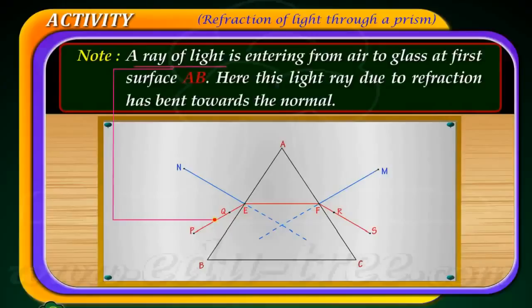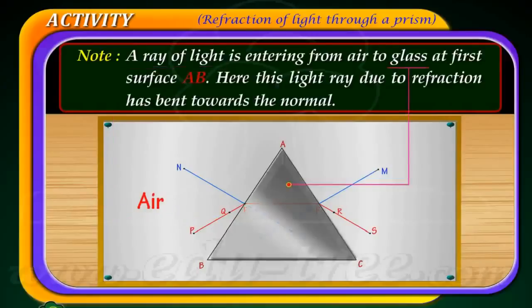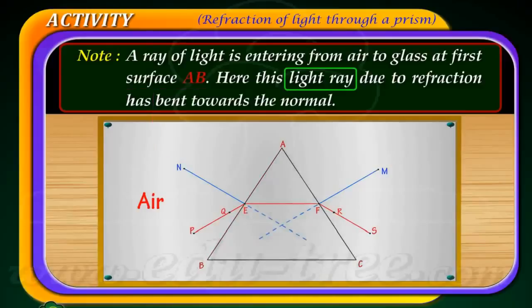Note: a ray of light is entering from air to glass at the first surface AB. Here, this light ray, due to refraction, has bent towards the normal.